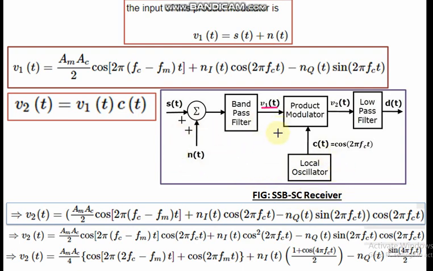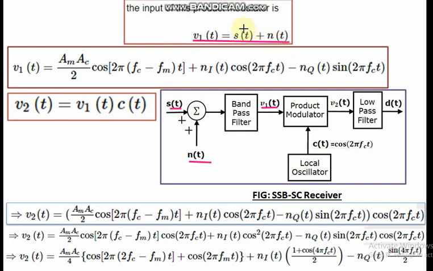Again I have shown the model here so that you can understand it in a better way. V1(t) is the sum of s(t) and n(t). Here is the noise signal and here is the modulated signal, both added with this adder circuit, and then the filter passes the complete frequency range of s(t) plus n(t). So V1(t) is equal to s(t) plus n(t).